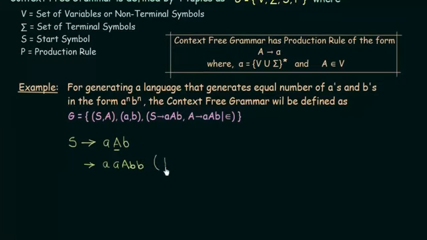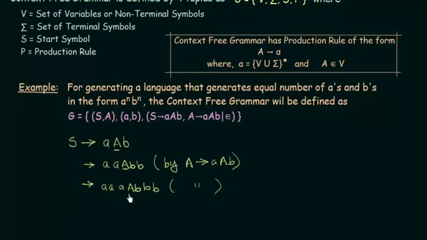So this is by the production which says A gives aAb. Now let's expand this further. Here we have aaAbb. Using the same production rule, I will expand A again. These two a's will come down as they are, and instead of A, I will write aAb, and the two b's remaining will come down as they are. This is also using the same production rule as above.